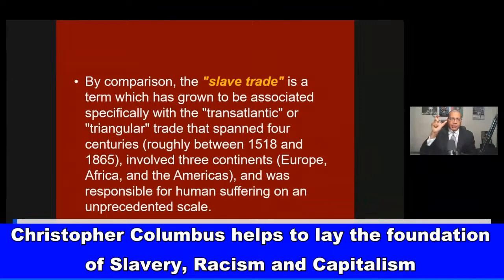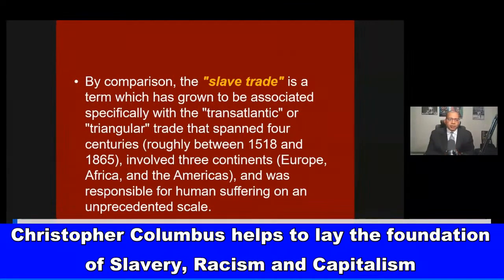By comparison, the slave trade is a term which has grown to be associated specifically with the transatlantic trade, or the triangular trade, that spanned centuries. It goes back to 1441, but some people put it at 1518 because that deals with the Asiento de Negros of August 1518, signed by King Charles V of Spain, which drastically expands the transatlantic slave trade and increases the need for enslaved African labor.